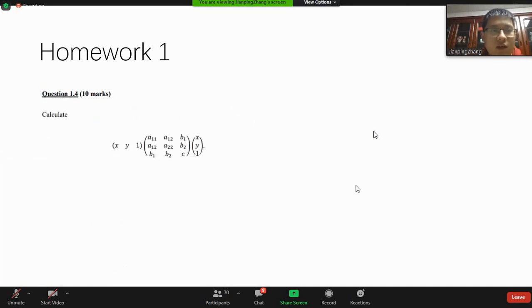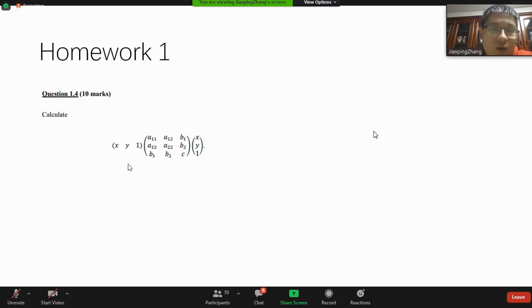Okay, so let's go to question 1.4. This question is not difficult, but it's quite complicated. You need to do the multiplication of 3 matrices. If you follow the steps, the first matrix multiplied with the second, you just use a row multiplied by the column.